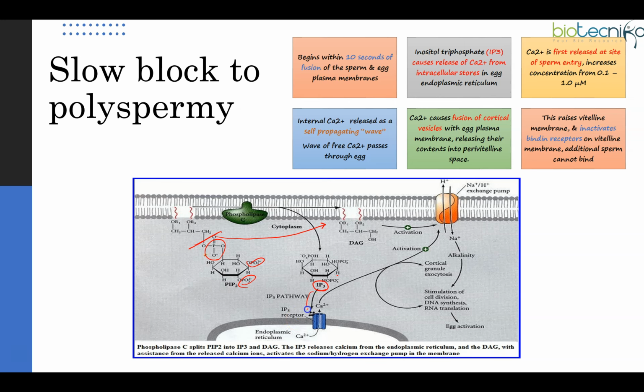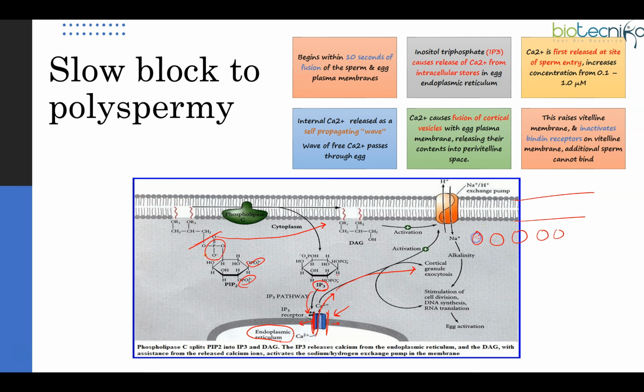IP3 binds to the calcium channels present on the endoplasmic reticulum. These are ligand gated ion channels. So when IP3 binds, the channels open up and calcium flows out. This calcium is extremely necessary because it acts on the cortical granules present under the plasma membrane in the cortex area of the cell where the cytoplasm is dense.